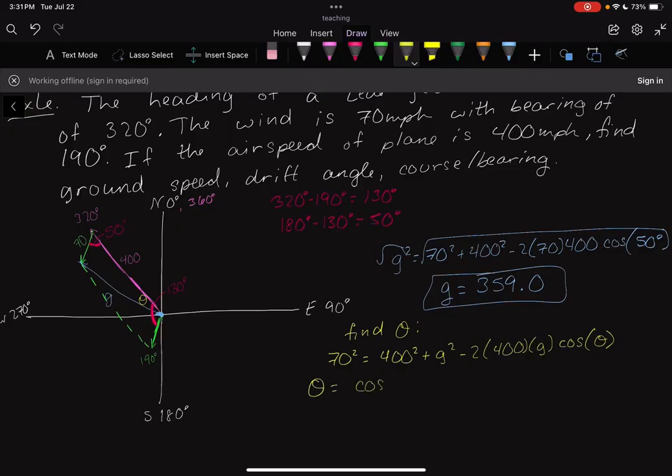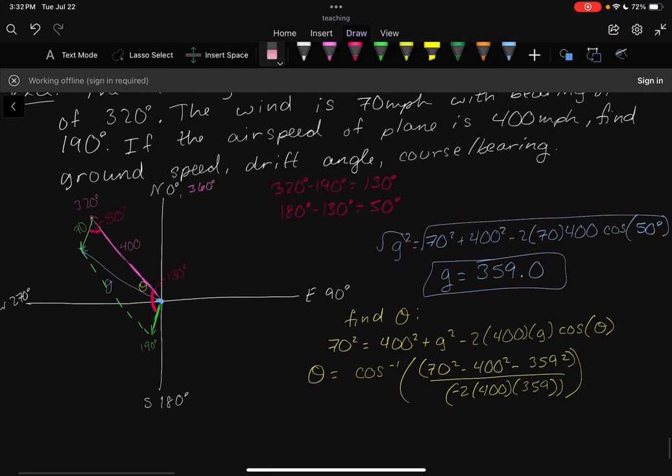So cosine inverse, it'll be 70 squared minus 400 squared minus my G, which is 359. Be careful, I'm not actually going to plug in 359. I'm going to use the unrounded value. Just make sure you have parentheses around the whole denominator and whole numerator.